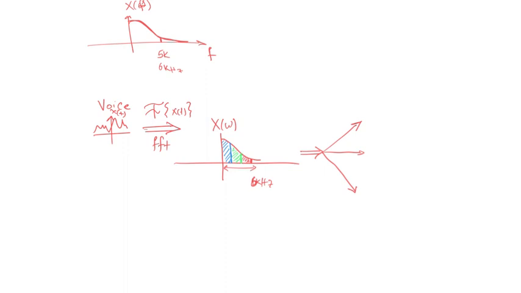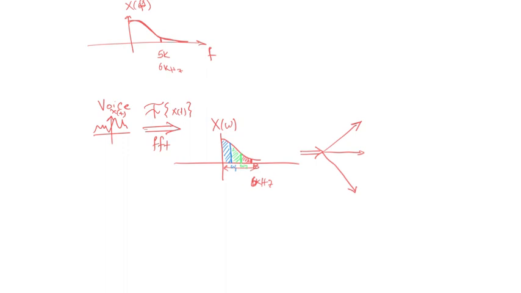So what should I do? If I want to get only the first part of the signal, what do I need to do? Multiply it by a square function, right? Which is only at this part. I call this omega 1, I call this omega 2, and I call the last one the bandwidth of the signal B, okay? So these are frequency ranges, right?